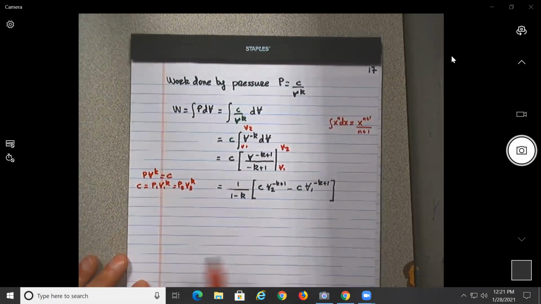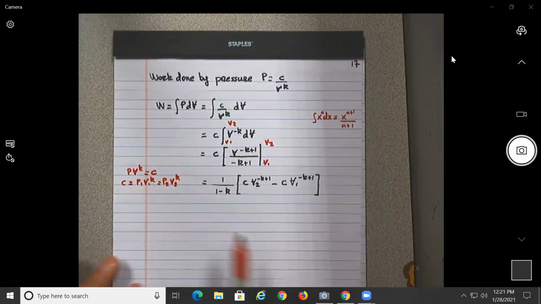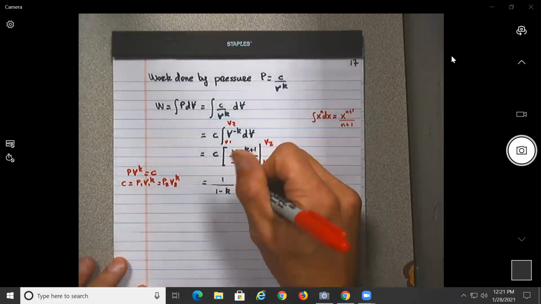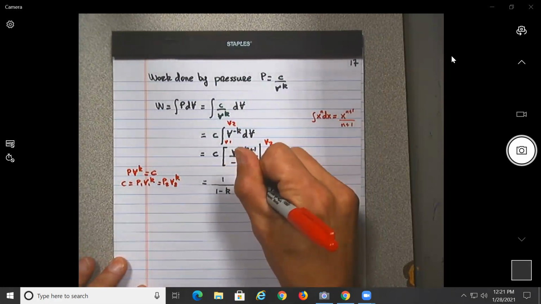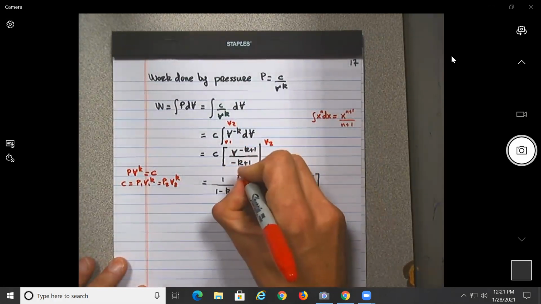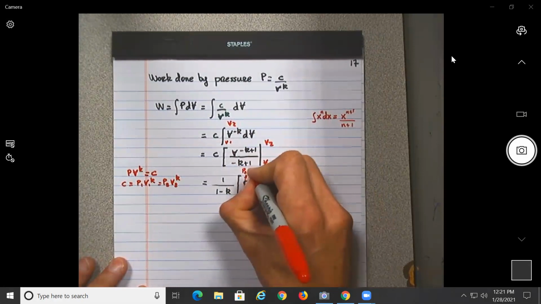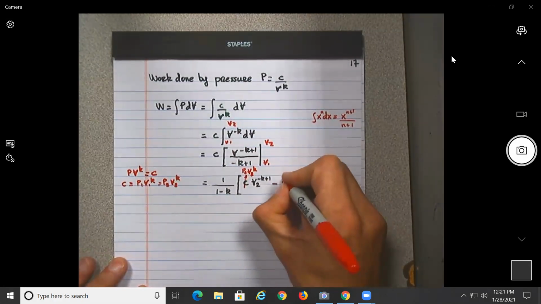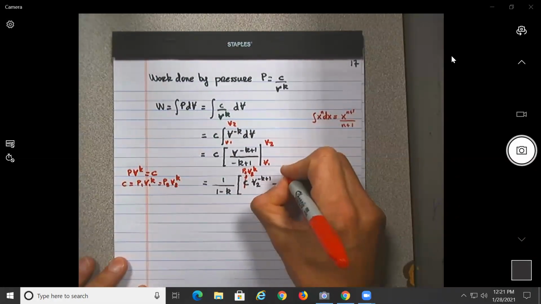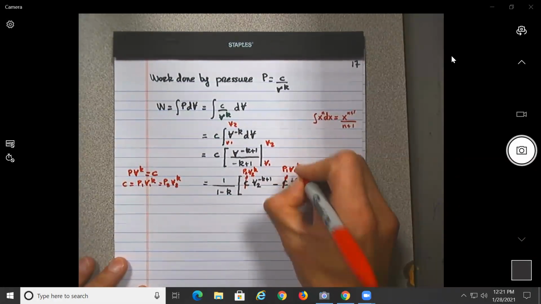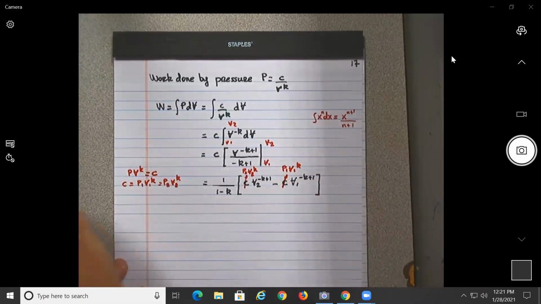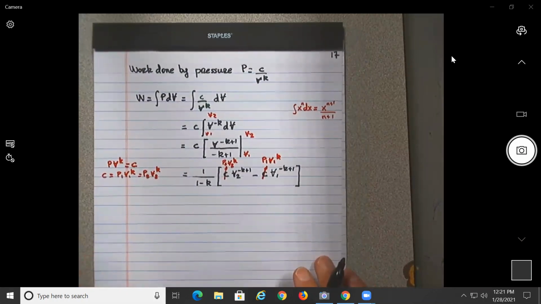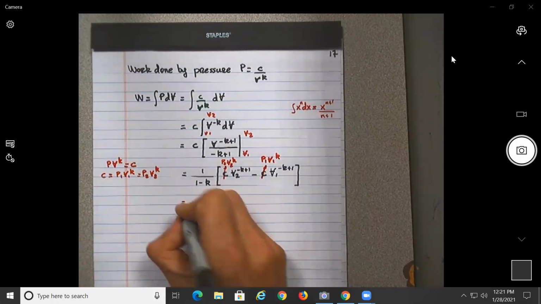All right? So what I'm doing here, I'm going to take advantage of this, and I'm going to say, you know what? In here, this C is going to be equal to P2 V2 to the K, and in this case, the C is going to be equal to P1 V1 to the K. So that at the end, since we have time, I'm going to write it down.